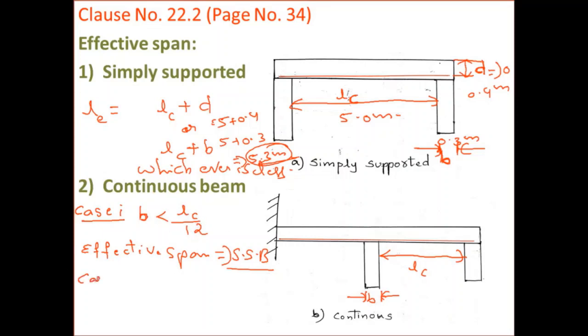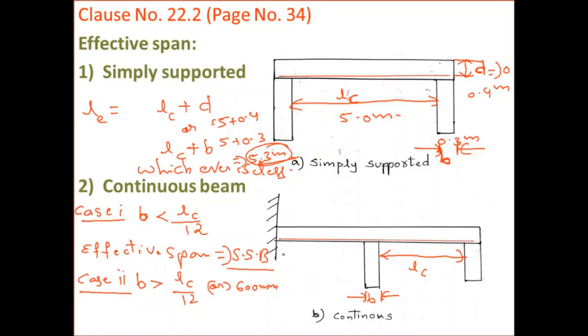Now the next one is case 2. Here B may be greater than LC by 12 or 600 mm.